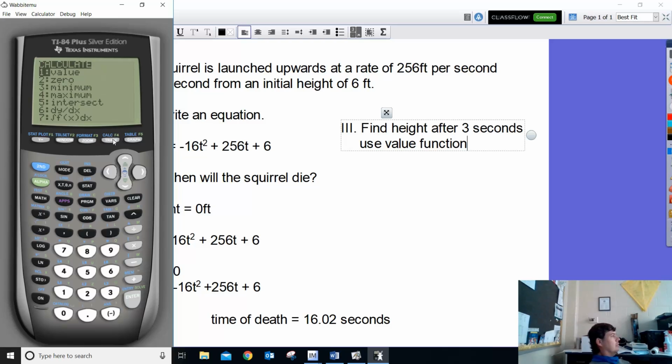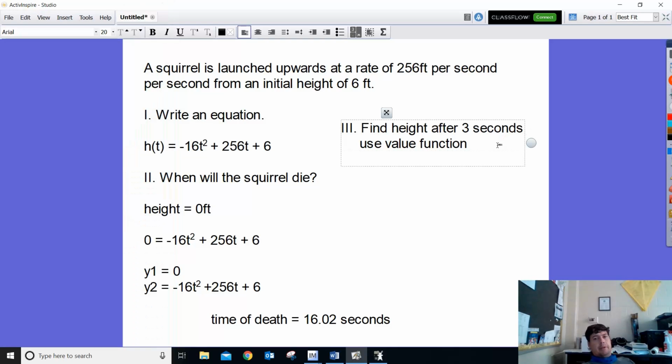Are you here? You can go on one hand, 3, isn't it? Yep. 630 feet in the air. So we told you that H of 3 is 630.